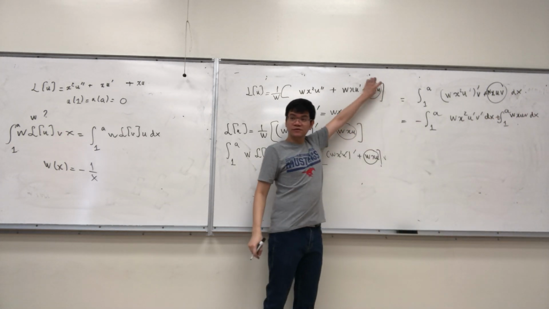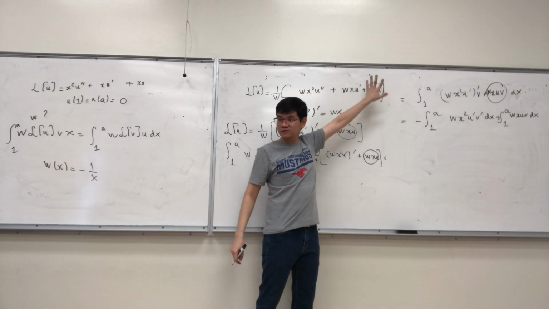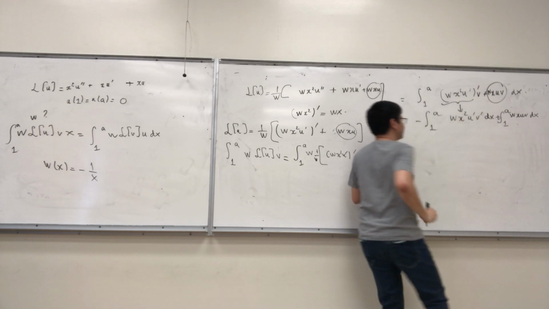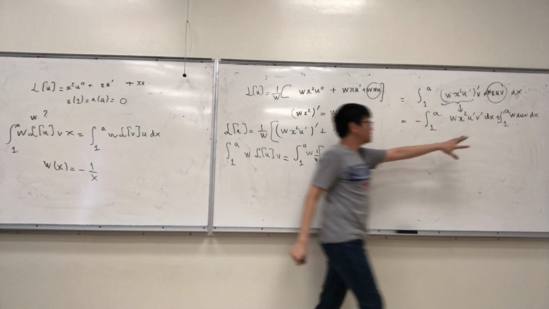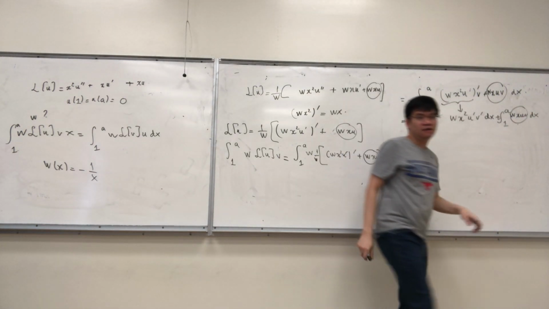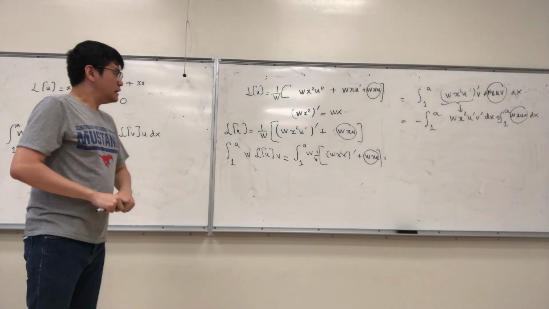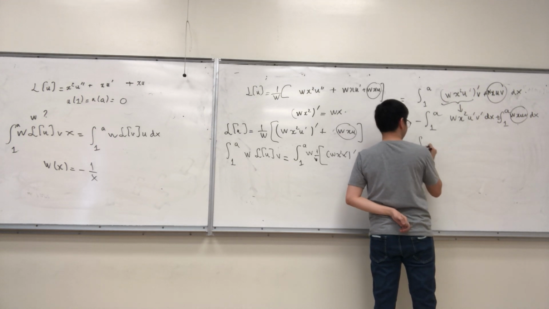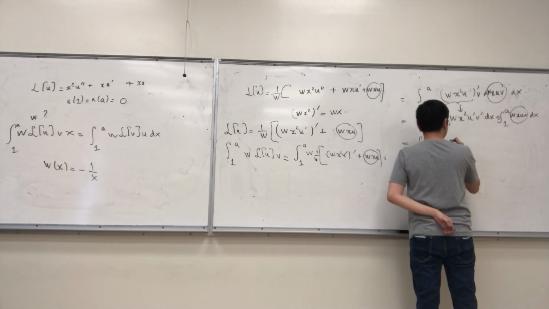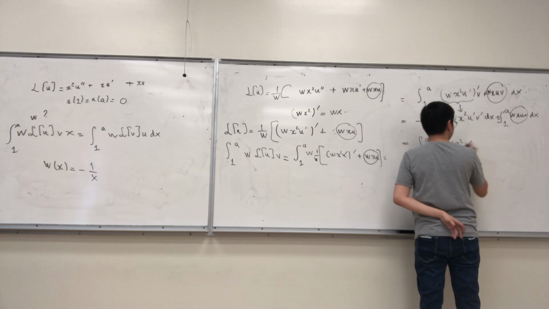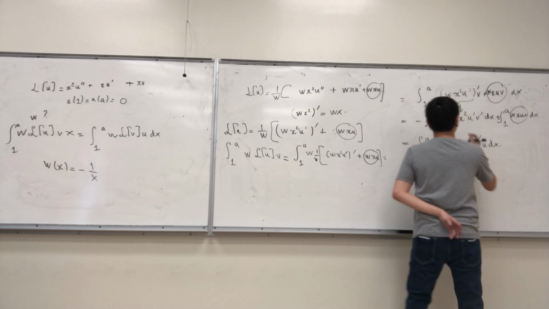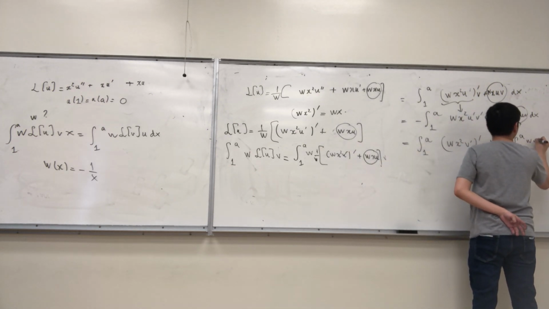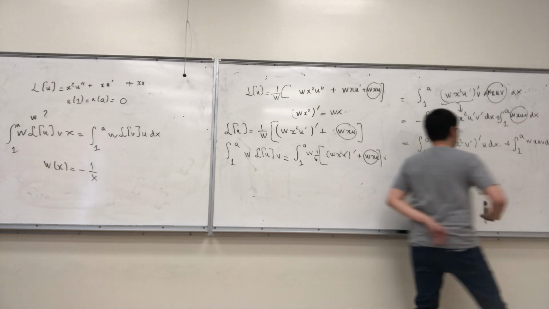So this is integration by parts, which we did last time. This term is still there. From the previous computation, you know that this one will give you the integral from 1 to a of w x squared v' u dx, and the other one is w x u v dx.